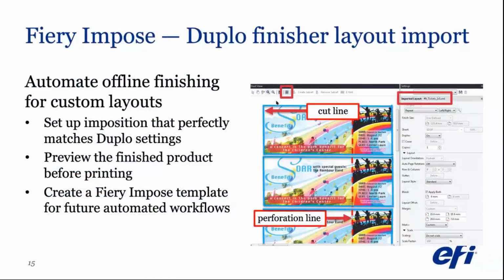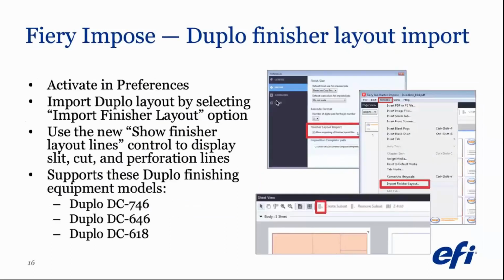And Fiery Impose gives you the ability to soft proof the finished products, like the screenshot here, with a special preview. From there, you can save the layout in a template for reuse or automation. I have some screenshots here, but we're going to step through them in more detail in a demo. This integration is available for DUPLO DC 746, 646, as well as 618 models.